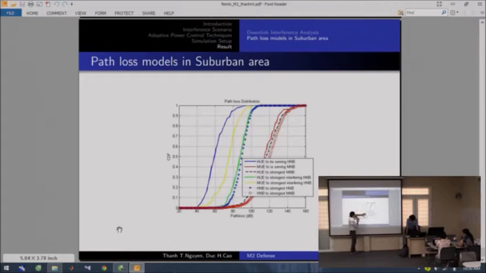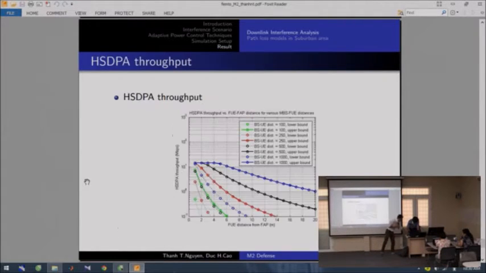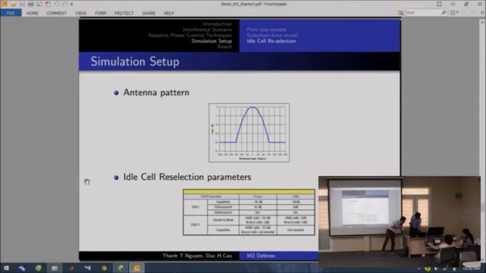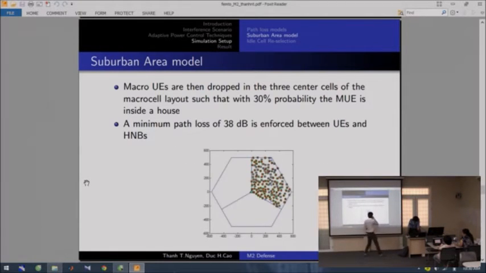I generate the houses, generate the macro users, femto cells inside, and the macro cell, and I try to implement the algorithm into the femto cell and see, before implementation and after implementation, what the effects are on the data rate and throughput we see at the user.